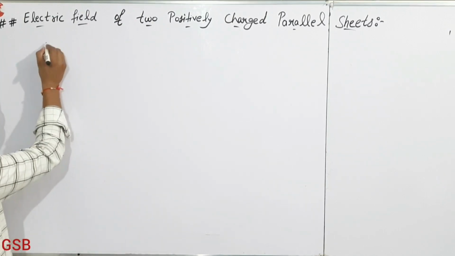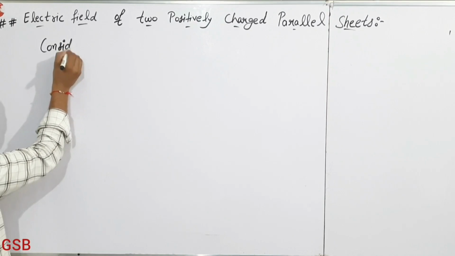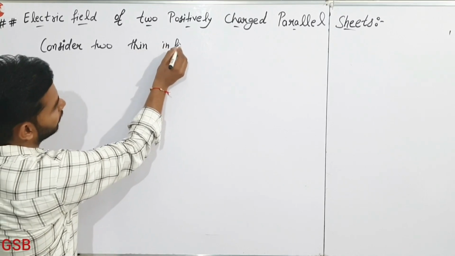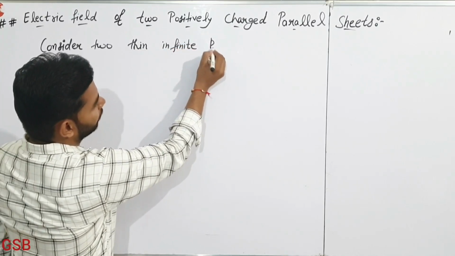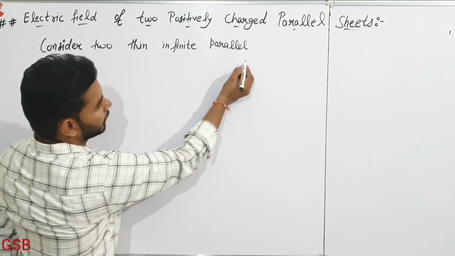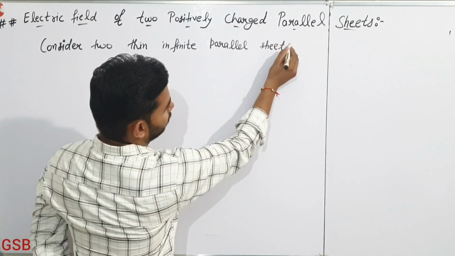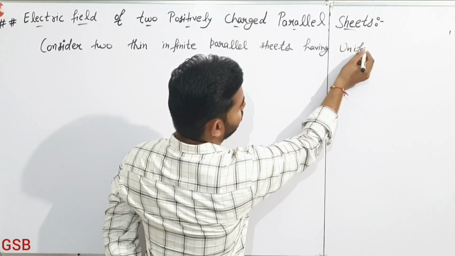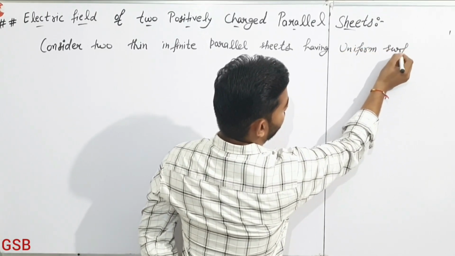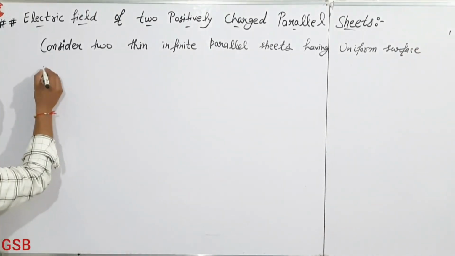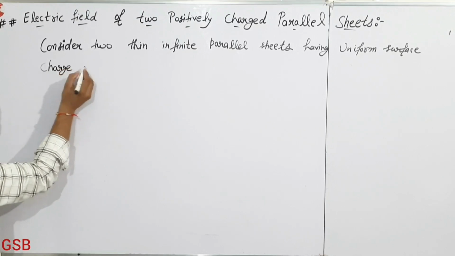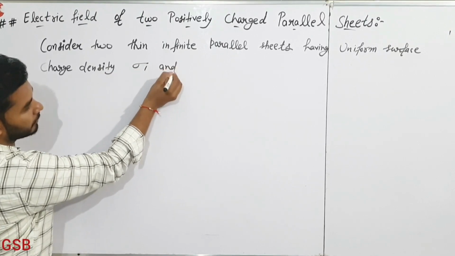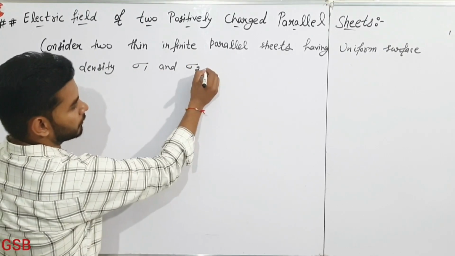First of all, consider two thin infinite parallel sheets having uniform surface charge density sigma 1 and sigma 2. ठीक है.